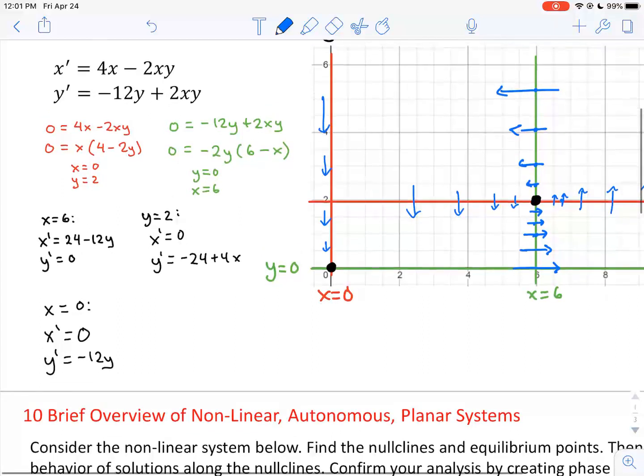This is suggesting that if x is 0, remember x is the prey population, and you start with a non-zero predator population, you can expect that predator population to decline rapidly to 0 as well. If they have no food, their population will go to 0. So if the predator population starts way up here at 6 and there's 0 prey, you expect rapid decline to happen.